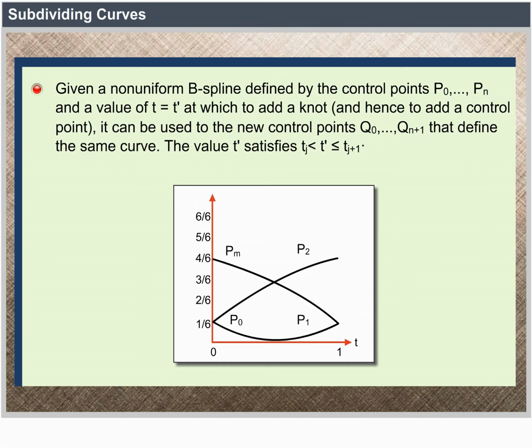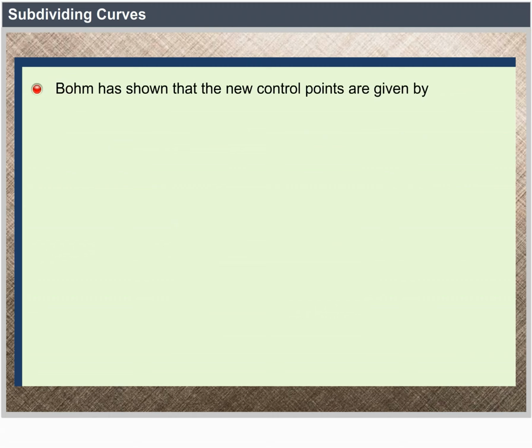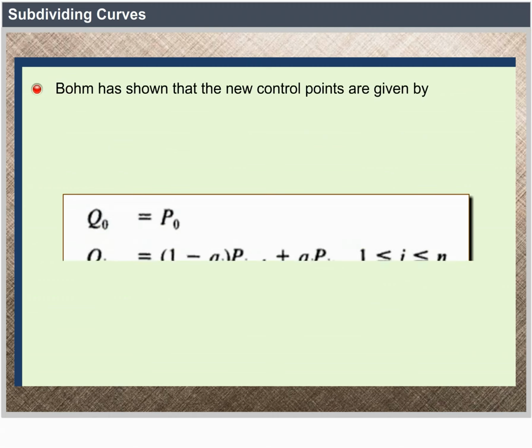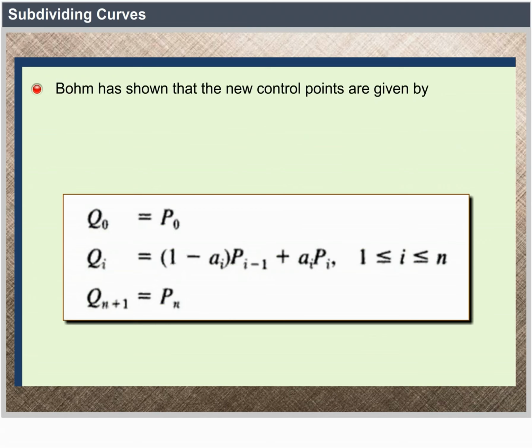The value t' satisfies Tj < t' ≤ Tj+1. Bohm has shown that the new control points are given by the equation shown, where Ai is given by the equation shown.